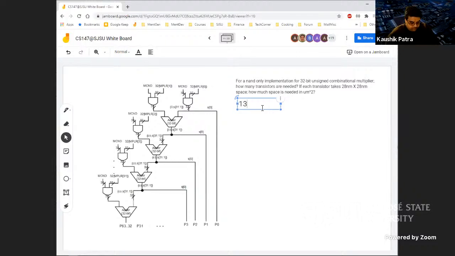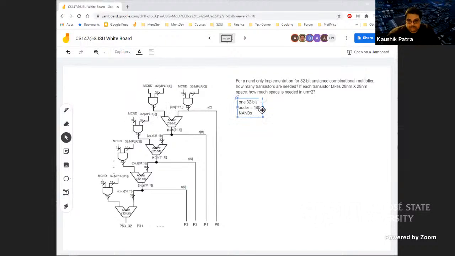It's basically from the previous day's problem. One 32-bit adder is basically 480 NANDs.